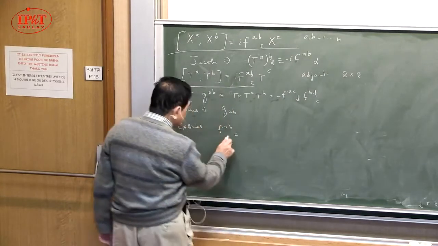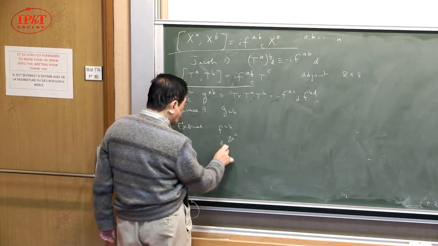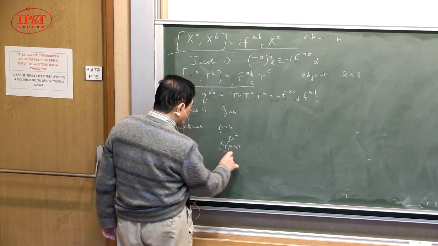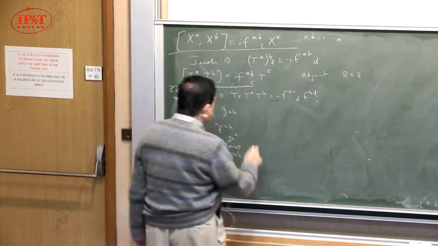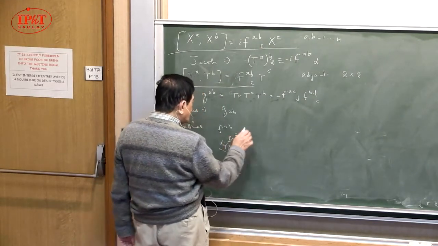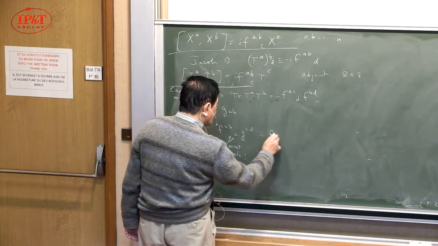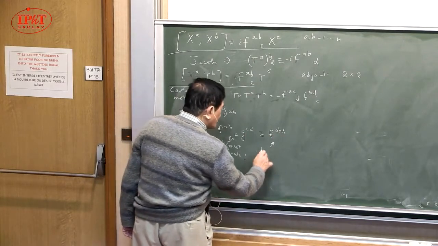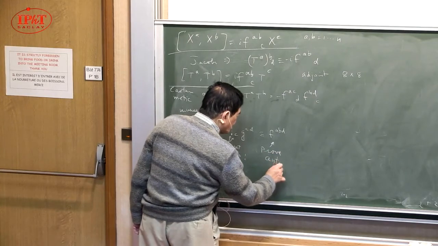This is not a well-defined question since B and C are different animals. One is upstairs, the other is downstairs. You cannot really interchange them. So what you have to do is to raise the index C upstairs and define this as f_ABD. So the exercise is to prove that this is totally anti-symmetric.